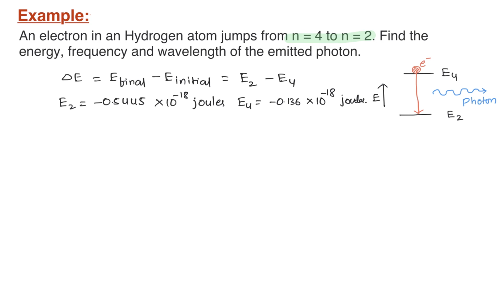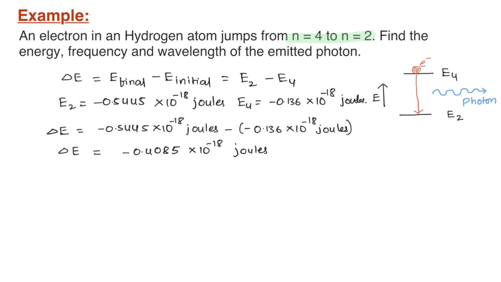Plugging in those values into the delta E equation, we get delta E is equal to minus 0.5445 times 10 to the minus 18 joules minus of minus 0.136 times 10 to the minus 18 joules. The delta E comes out to be negative 0.4085 times 10 to the minus 18 joules.